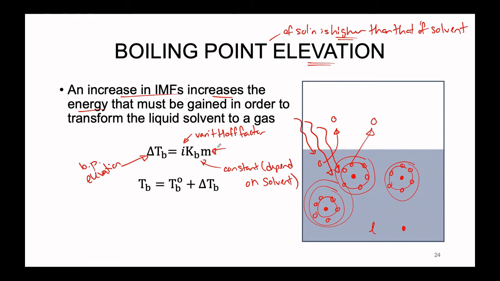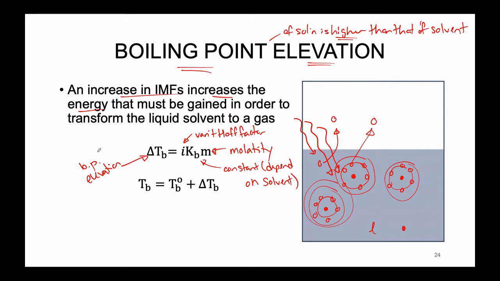This m does not stand for mass, rather it stands for molality. So that new concentration unit that we introduced in the previous lecture, that has temperature independence, is going to be very useful here because we're working really close to the boiling point of a liquid. So the phenomenon is temperature dependent, meaning that we're going to need a measurement of concentration that is temperature independent.